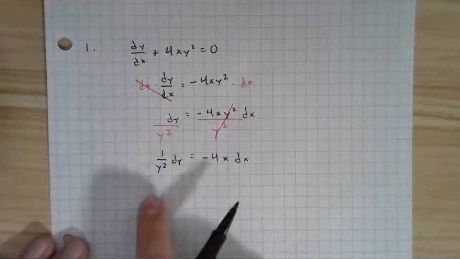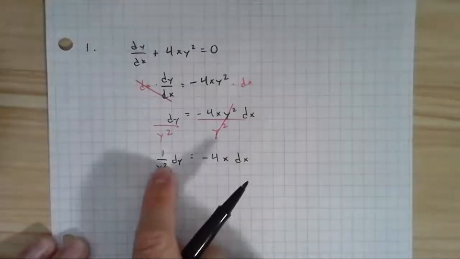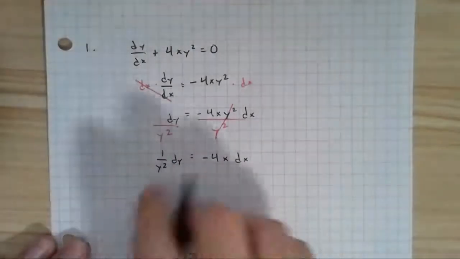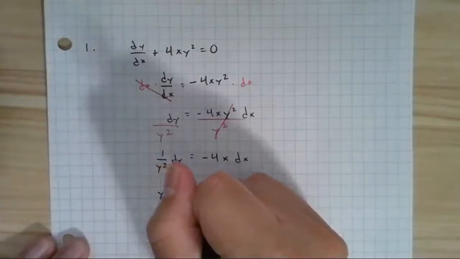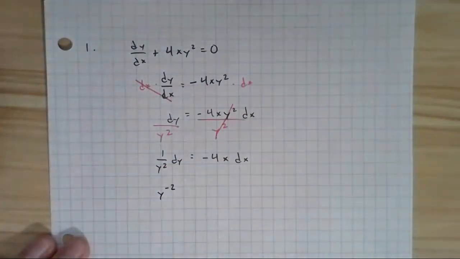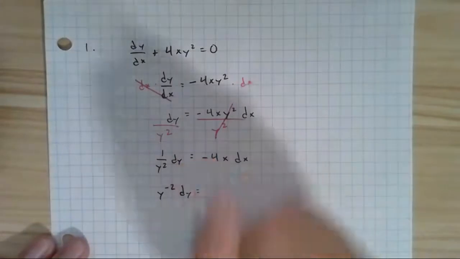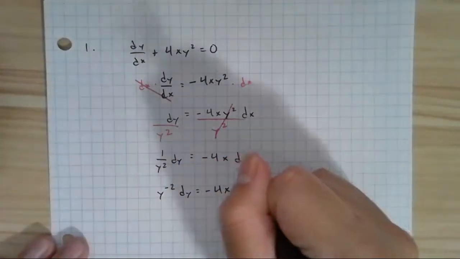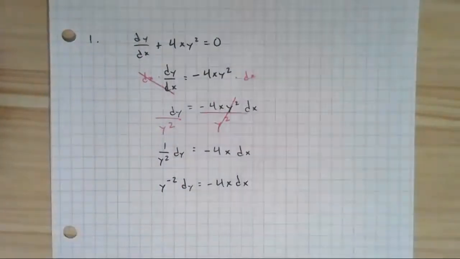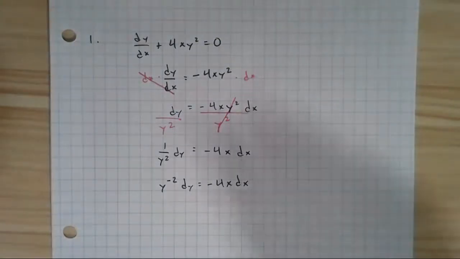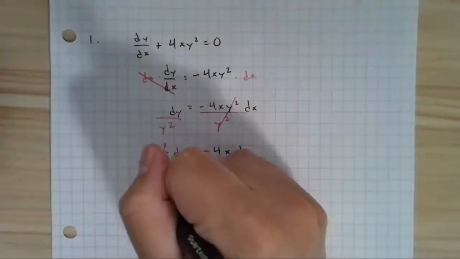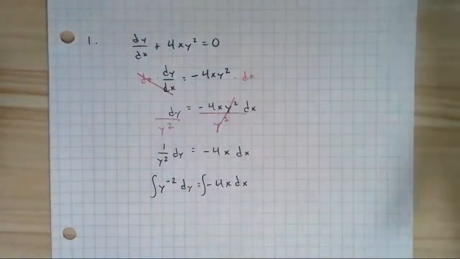One last thing I'm going to do is, I don't like this when I need to integrate or derive, so I'm going to use the negative exponent rule and write that as y to the negative 2 dy. That's equal to negative 4x dx. Now I can integrate both sides.